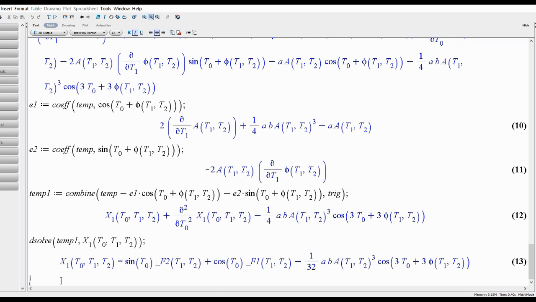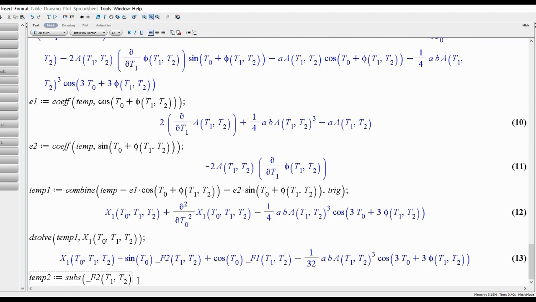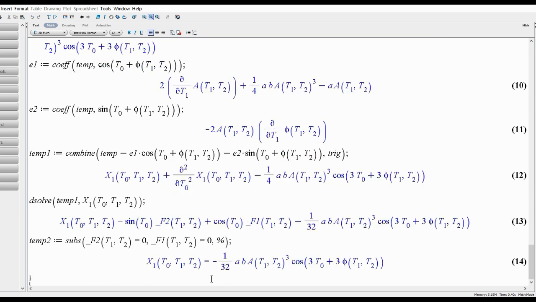So what I will do here is I will say temp2 is equal to substitute this one equals 0 and this one equals 0 in the above. Okay, so now I've got x1. What happens here?